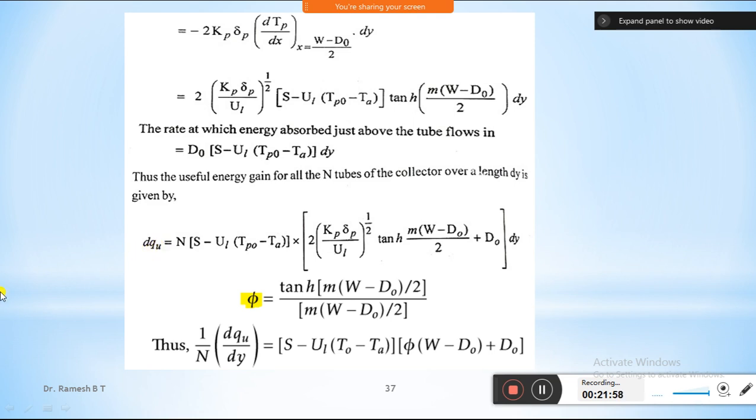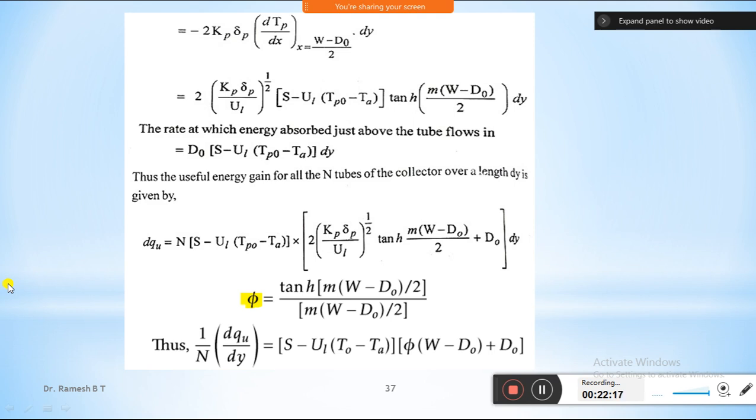Where, if you introduce the term phi, we can write the above equation in a simpler manner by introducing the concept of plate efficiency.